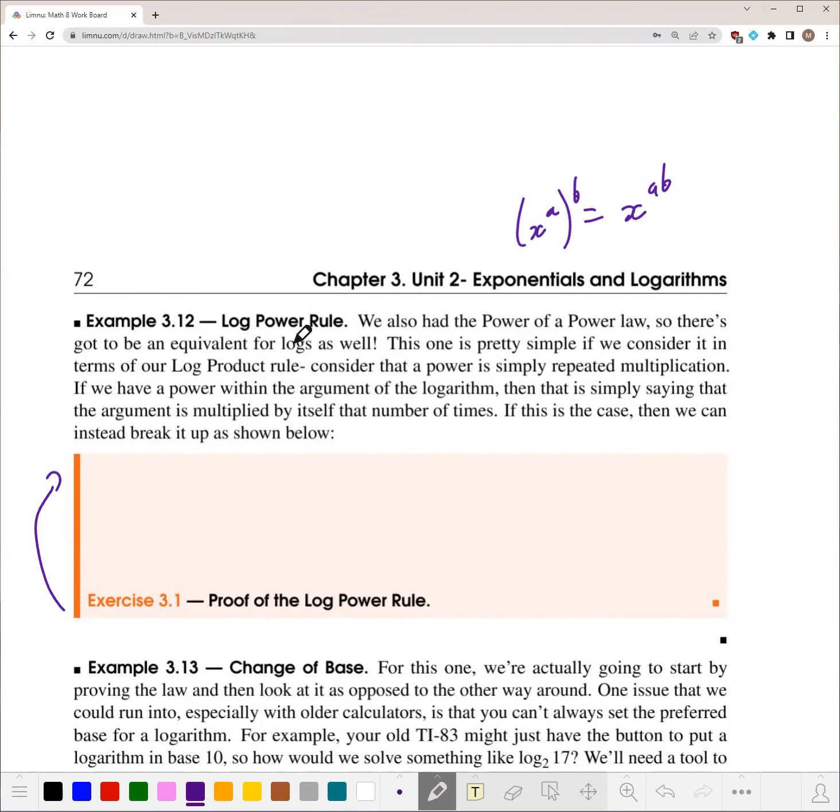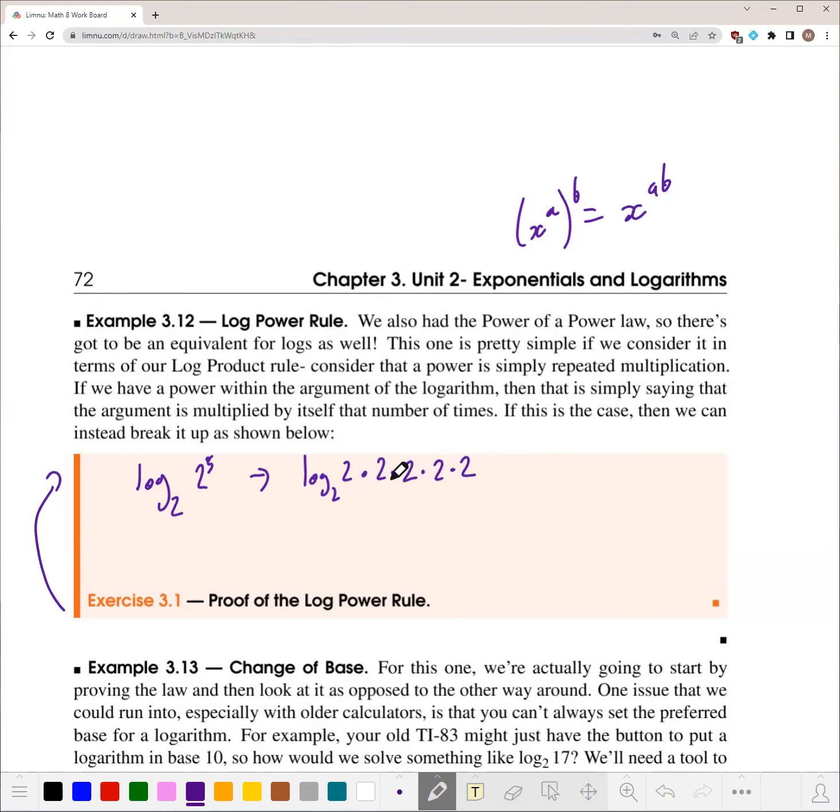Well, let's take a peek at this. If I've got a power in a log, so let's say I have log base 2 of, I don't know, let's say of 32, so 2 to the power of 5. Okay, log base 2 of 2 to the power of 5. Another way I can think about that is like this: log base 2 of 2 times 2 times 2 times 2 times 2.